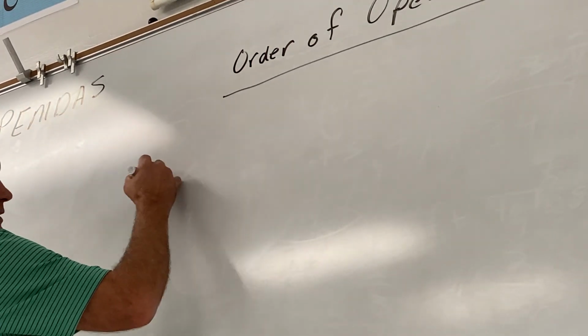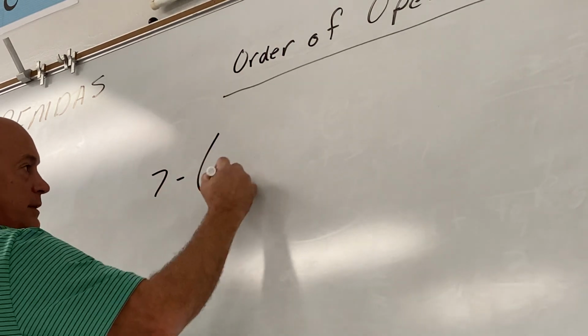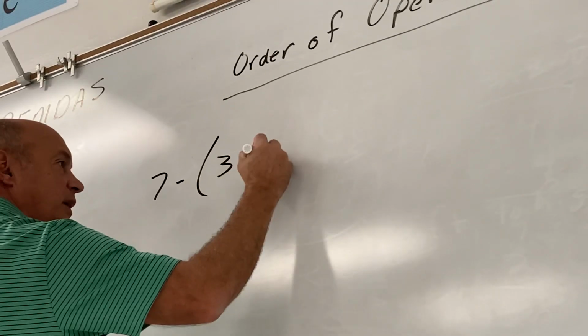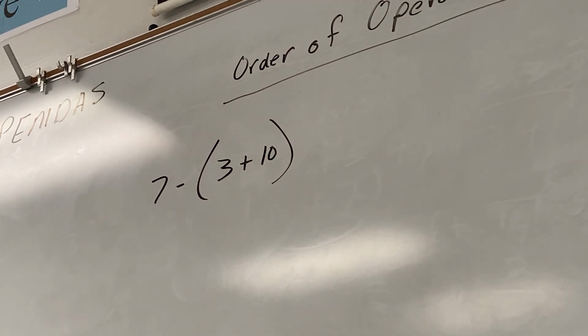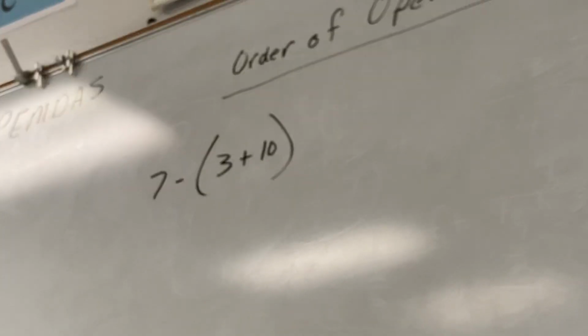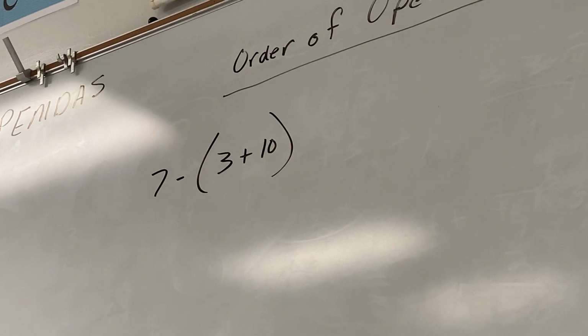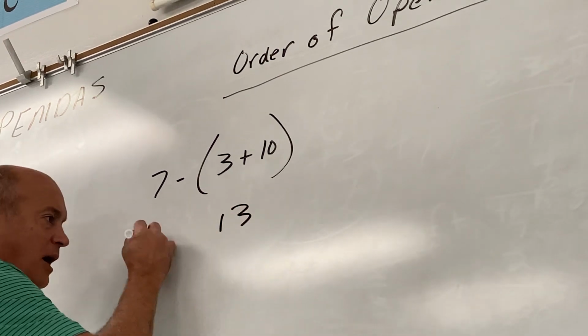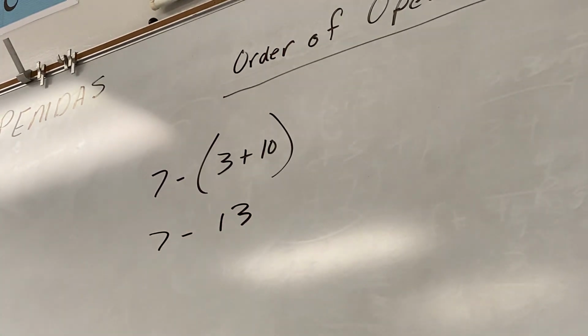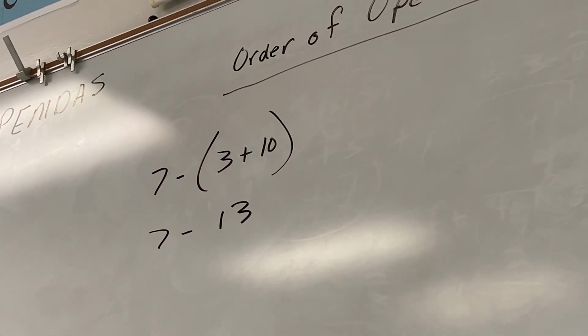What about 7 minus 3 plus 10? Somebody tell me. Hey, what would you do first? The parentheses. Yes, sir. What's 3 plus 10? 13. Yes. And now, we've got our integer rules. I'm going to volunteer new people.